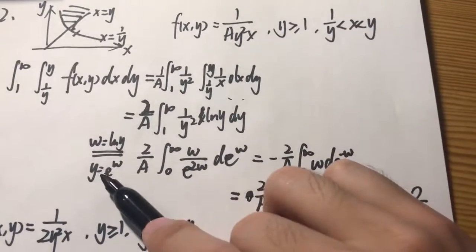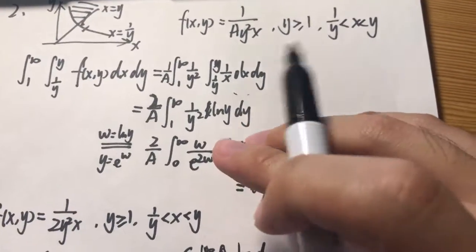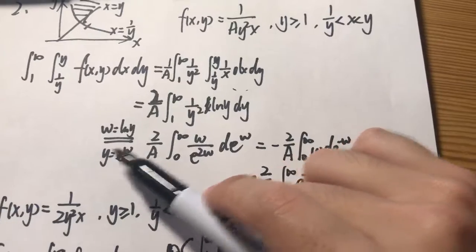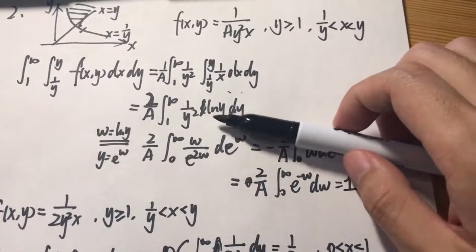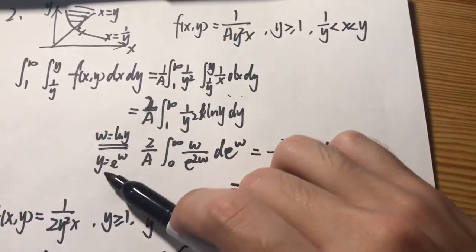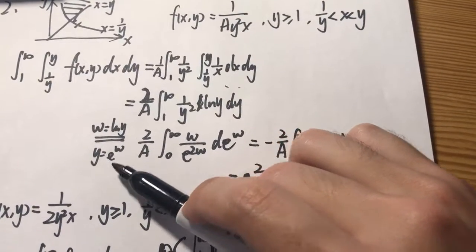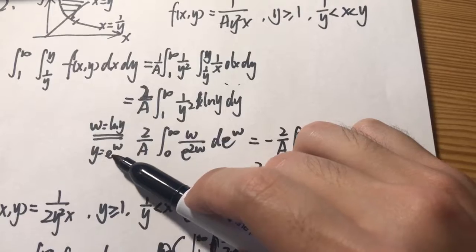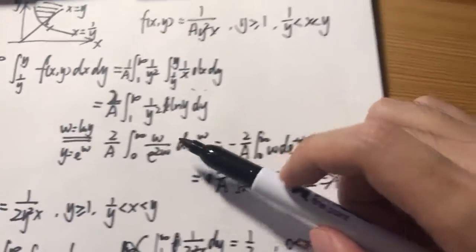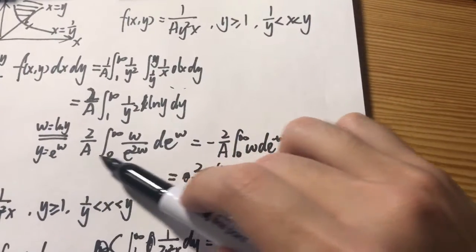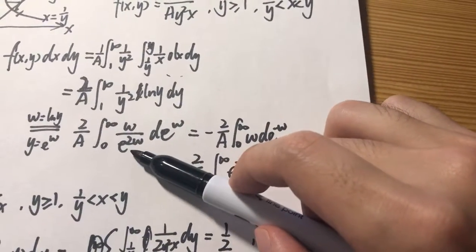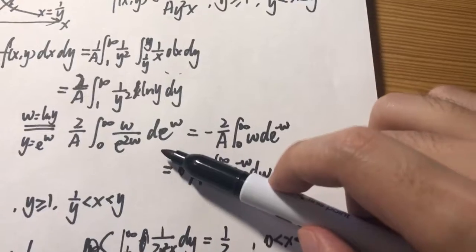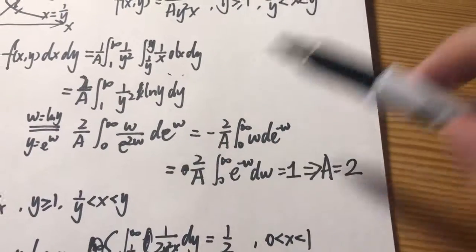For this part, we need to use w to substitute the hard part, which is ln y, so we have y equals e to the w, and we substitute here. We get this equation here.